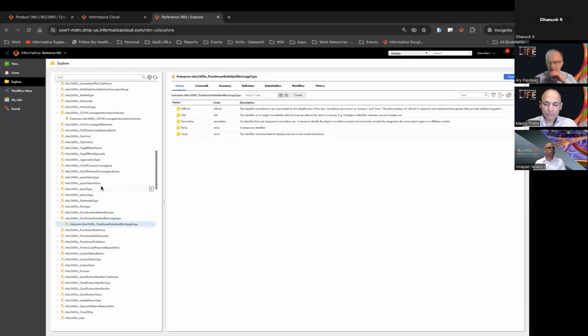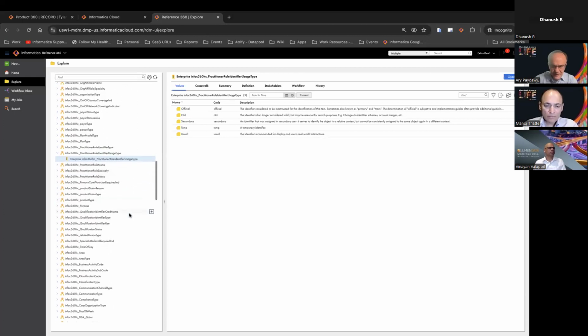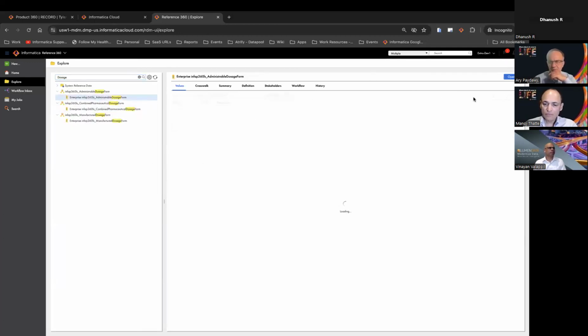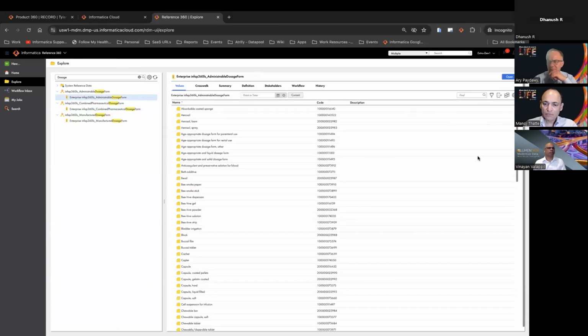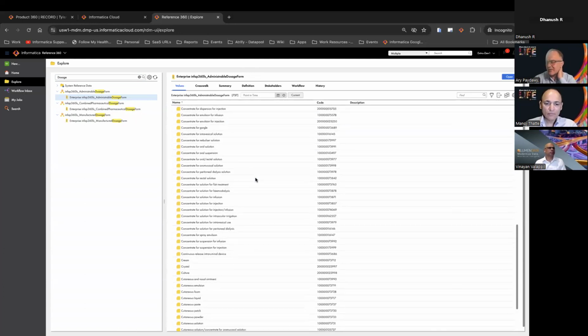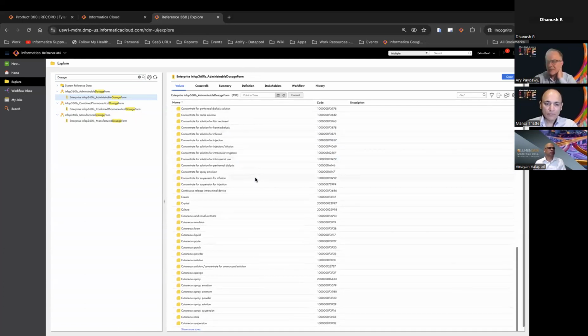Let's do the dosage form again, because I want to highlight a specific example there. So if you look at this dosage form, these are the reference data that are defined by the standard.